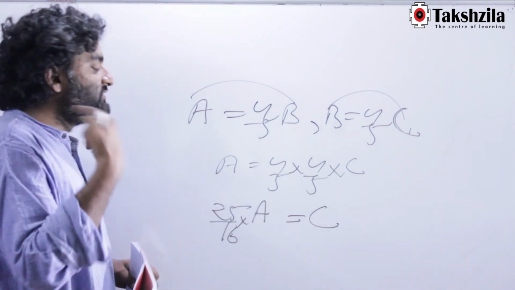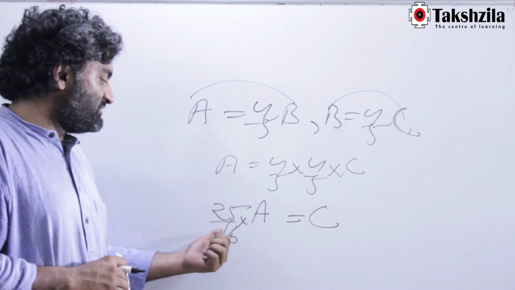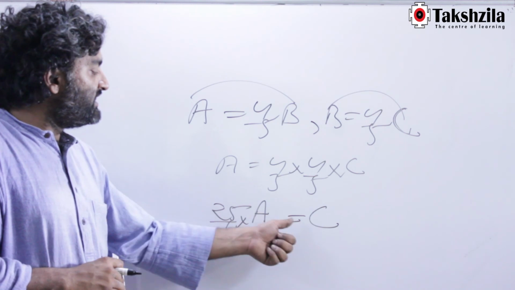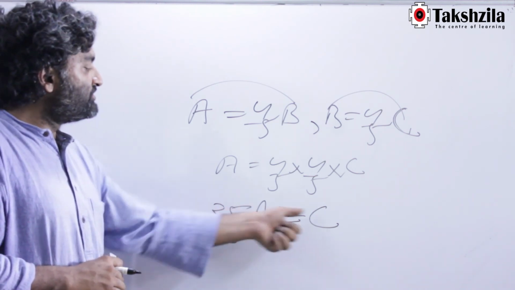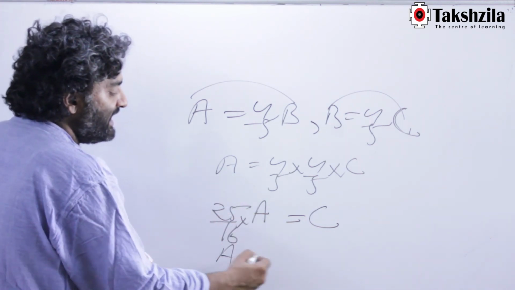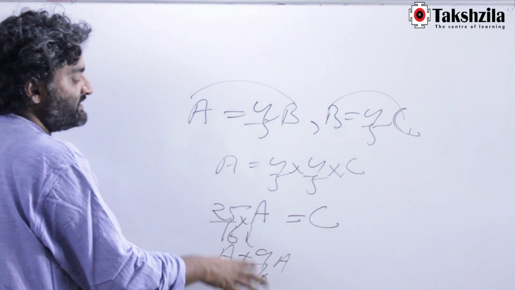I'm repeating the ideas from previous lectures only. If you know this, it is very, very easy, but I'm going through the basics. This is 9 by 16 more than A. Otherwise, it would have been 16 by 16, right? It had been equal. So C is more than A, or I can break this fraction down: A plus 9 by 16 of A. I hope this transformation made sense.